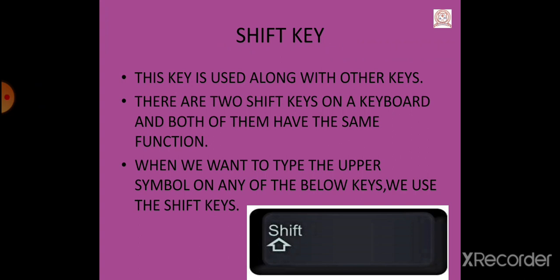We know that along with numbers above the alphabets, there are other symbols also. If we want to type those symbols, then we press that number key along with the shift key.